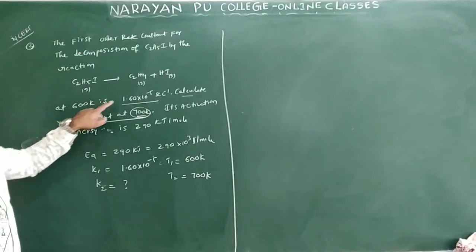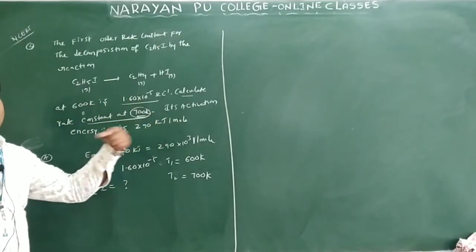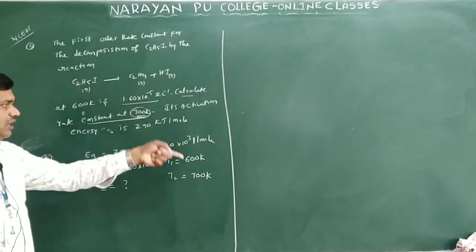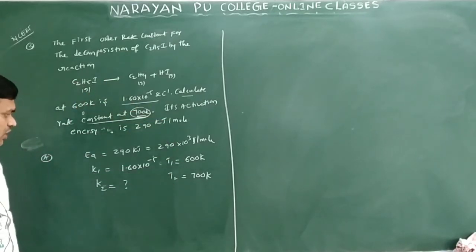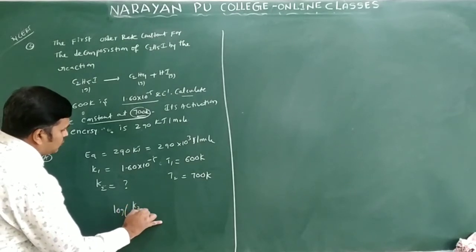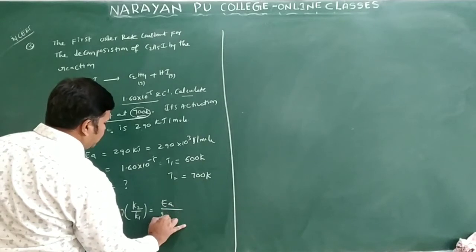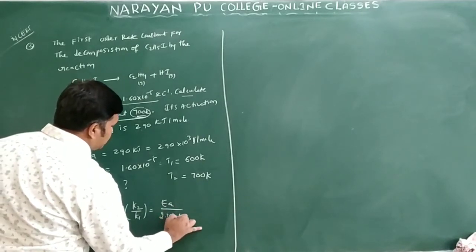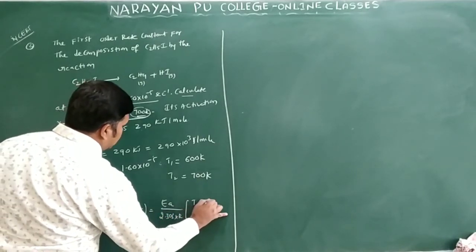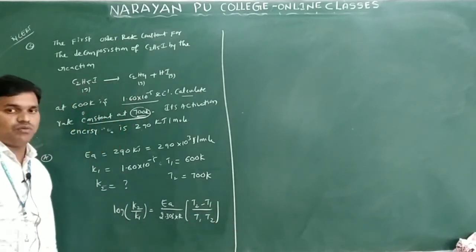At 600 Kelvin, K1 is there, that is T1. At 700 Kelvin, that is T2. We have to find out K2, and the activation energy is given. What is the formula we have? You know the formula: log K2 by K1 is equal to Ea by 2.303 R into T2 minus T1 by T1 T2.